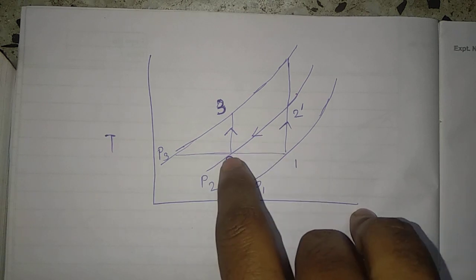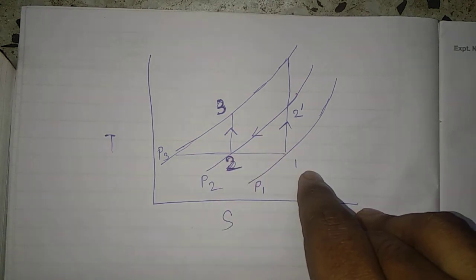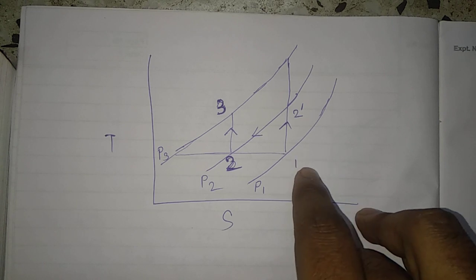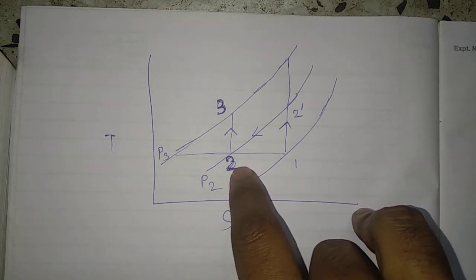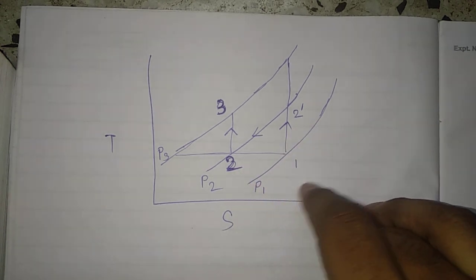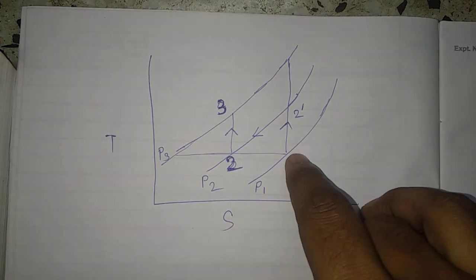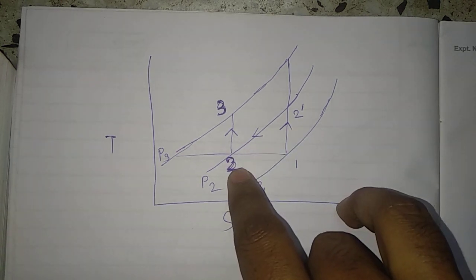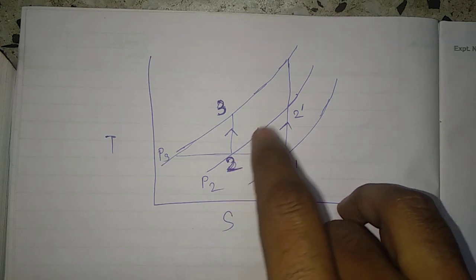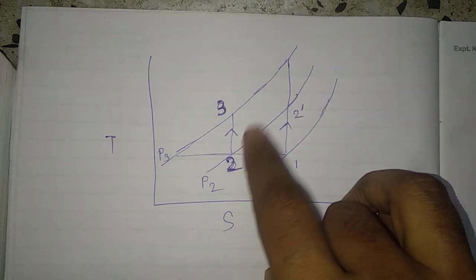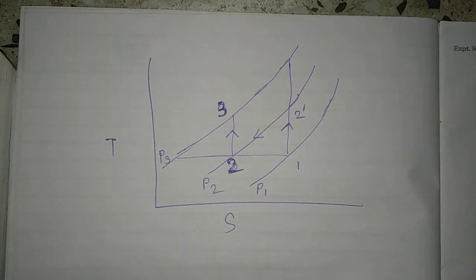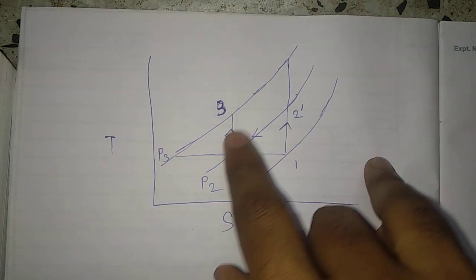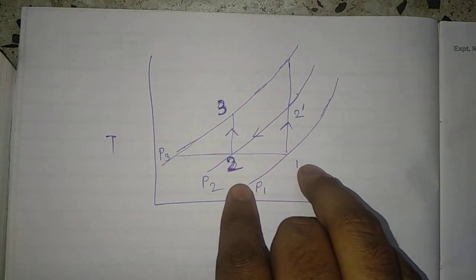So T1 is equal to T2. That means the initial temperature of the air is equal to the temperature of the air after compression in the low pressure cylinder. Those two temperatures are equal.